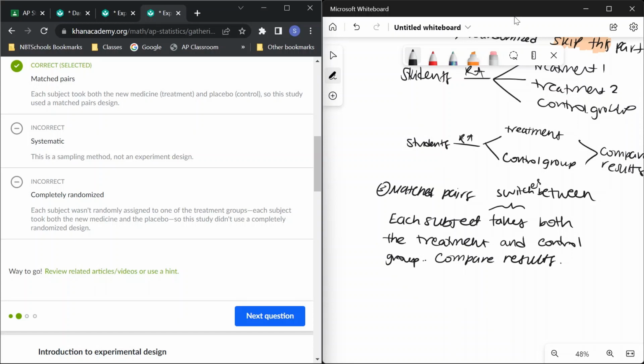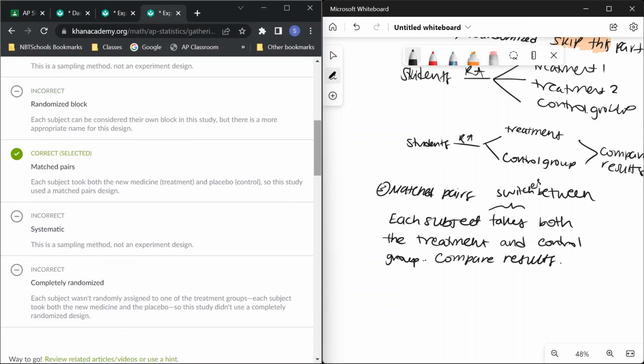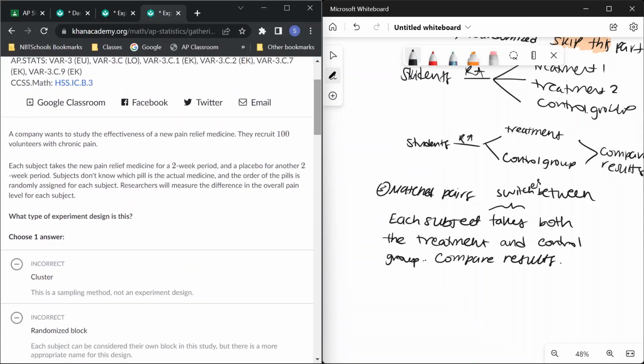And it's not a completely randomized design, because they weren't randomly assigned to one of the treatment groups. They all got it, but the random assignment is the order of the pills.